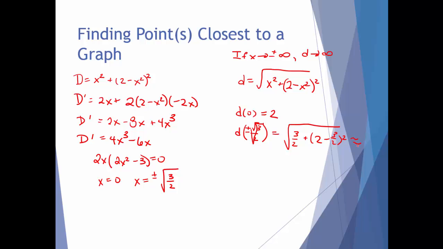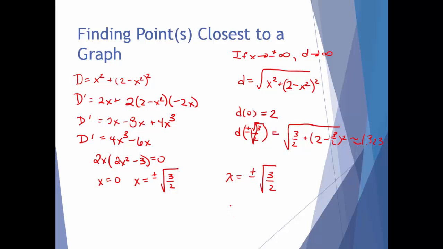And then the decimal approximation for that's going to be 1.323, give or take. So clearly, if you're looking to minimize distance, 0 isn't doing it. 0 is actually much farther away from the point 0, 2 than if you were to just use x equals plus and minus the square root of 3 halves.